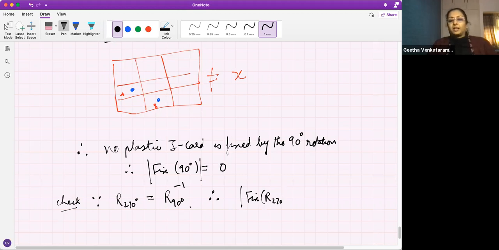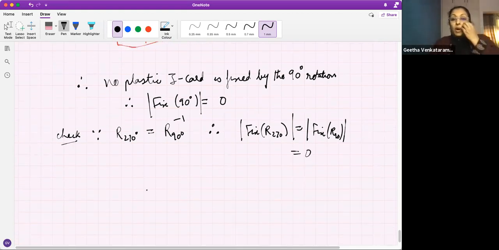In fact, you can check quite easily that this will be the case, equals 0. So 3 of the things are done.